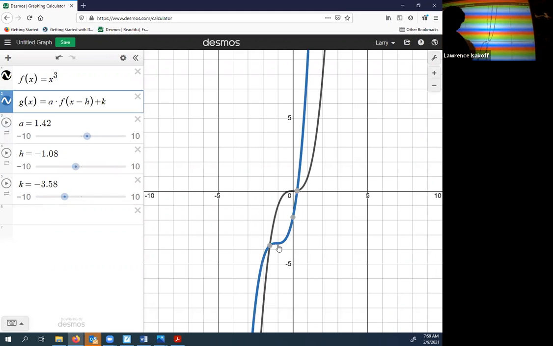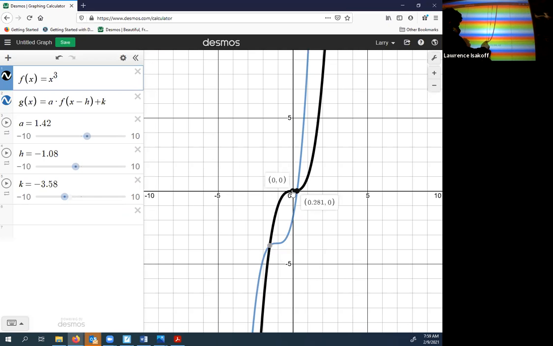So negative 1.0, comma negative 3.58, right around here, is that point of inflection like we have up here at 0, 0.